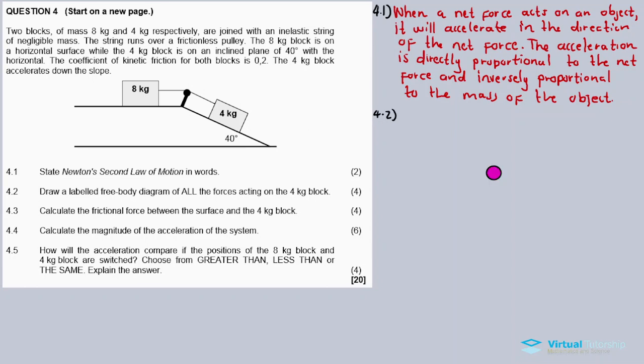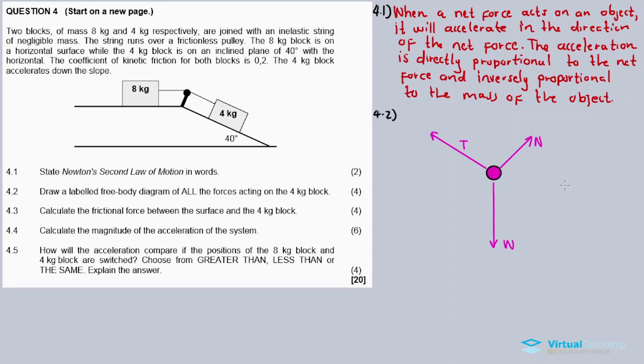Since it's a free body diagram, we have a dot in the middle. The first force will be the tension. And then the second one will be the weight. And then we have the normal force. The normal force is included. You must include the normal force in your free body diagrams.